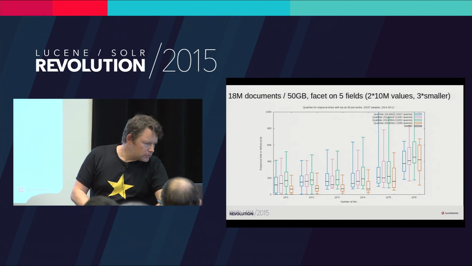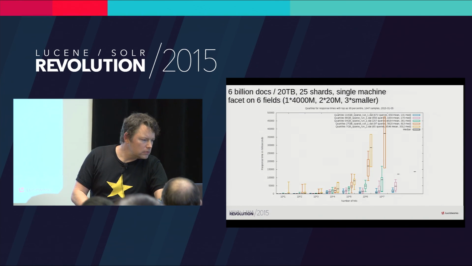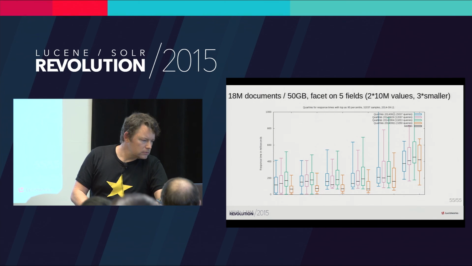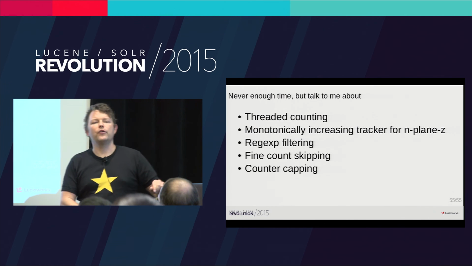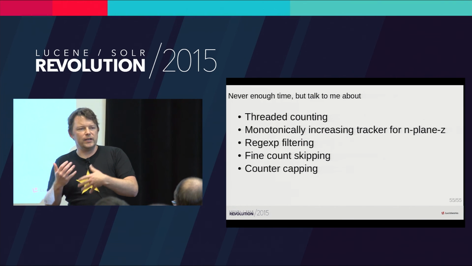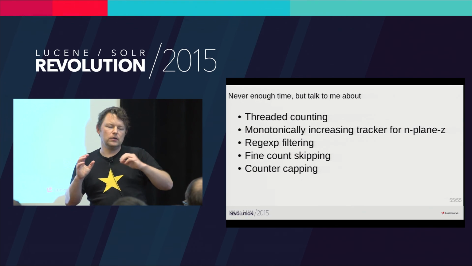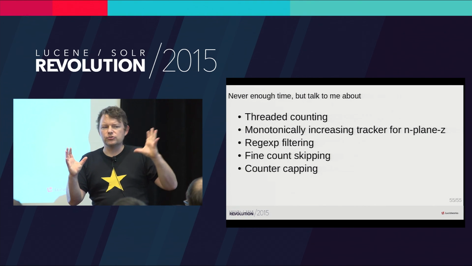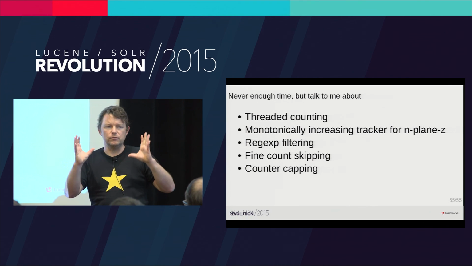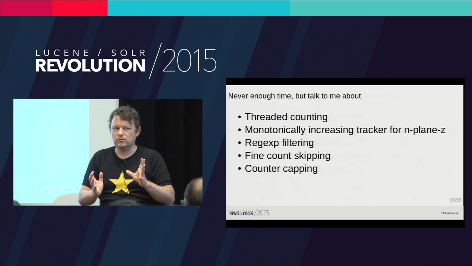Actually, I have a cheating bonus slide here somewhere. Sorry, I thought I had a cheating bonus slide. But so we know that if the result set is about 10% of the full possible result set, we just don't track anymore. So we cut off the tracker at that point. I don't know if that was the answer to your question.